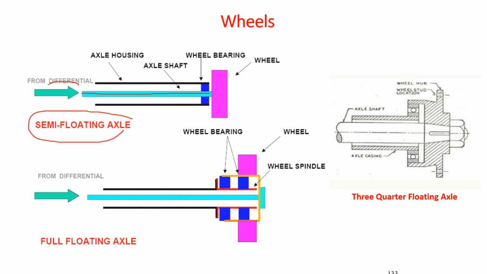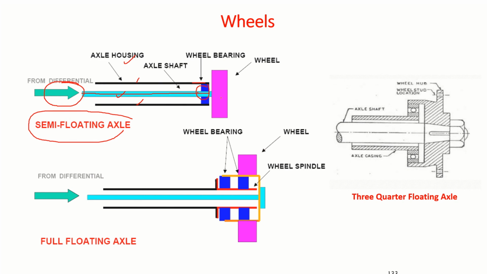Of course, here you have your differential and the live axle shaft. This is the casing, the axle housing. This is the live axle. Between the axle housing and the live shaft, you have the bearings, the wheel bearings.